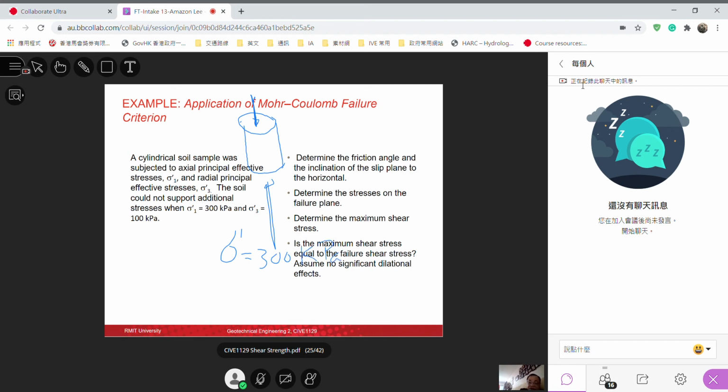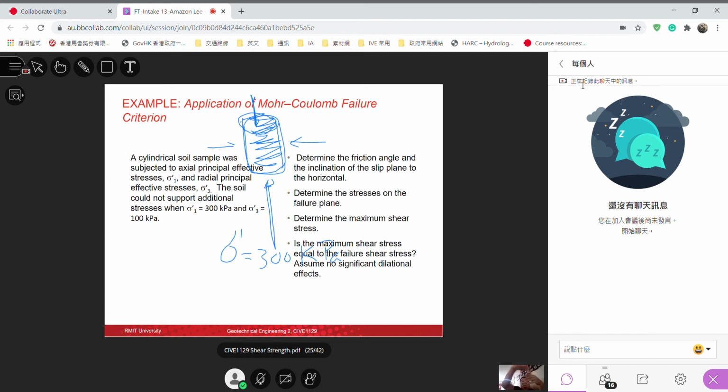We haven't talked about the triaxial test yet; in the next section we will. But assuming this is a soil sample, cylindrical in shape, we trim it into a cylindrical shape, mount it in a triaxial cell, and apply a major principal stress in the vertical direction, which is 300 kPa, and a minor principal stress along the radial direction of the soil cylinder.